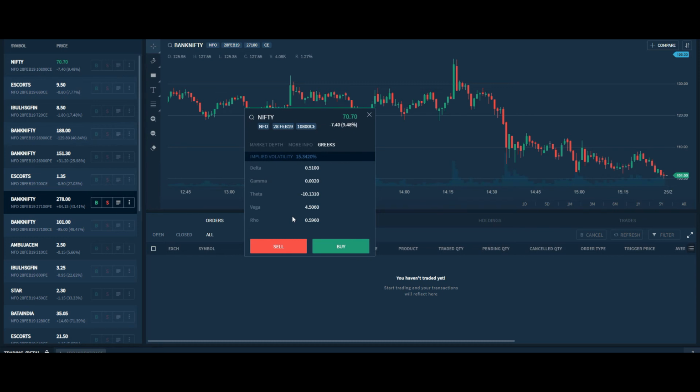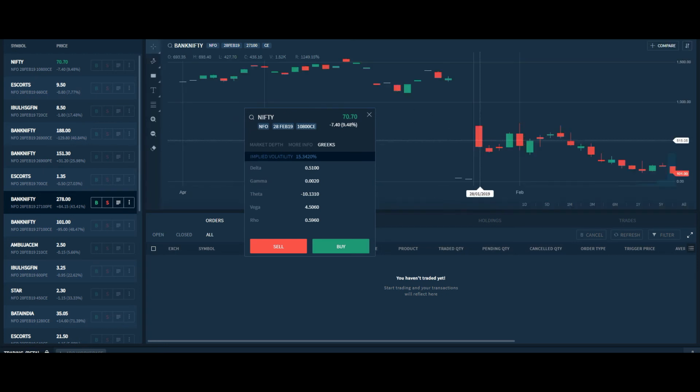Even if you're keeping some options with you, say at the start of the month you took an option of 10,800, and at the end of the month the market is sitting at 10,800, you would have lost all your premium, because if we just do an analysis here, maybe say one day.